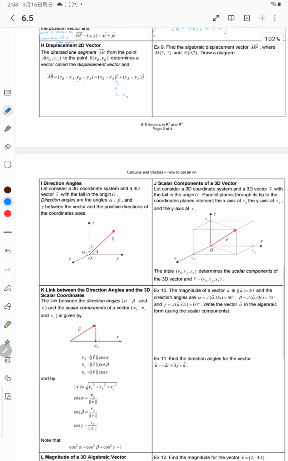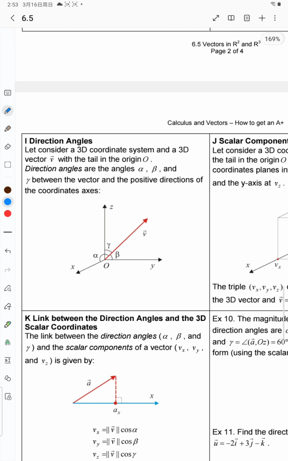Okay, so I'm going to skip this. All right, so 3D coordinates. Consider a 3D coordinate system and 3D vectors. The only thing a little bit harder about this is that in 3D the angle is a little bit tricky to visualize, but again it's an angle with respect to each of the coordinates, right?